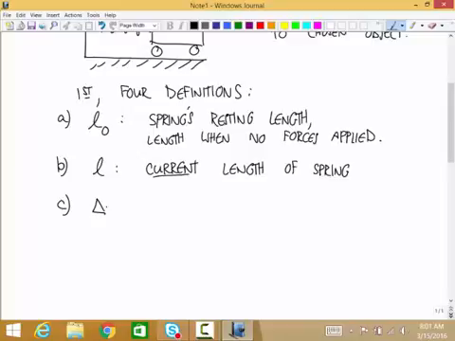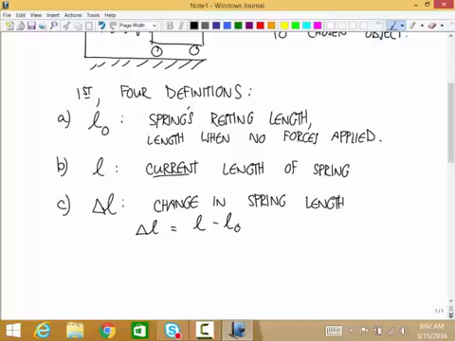And so the third one is delta L, the change in L. And that's just L minus L sub 0.